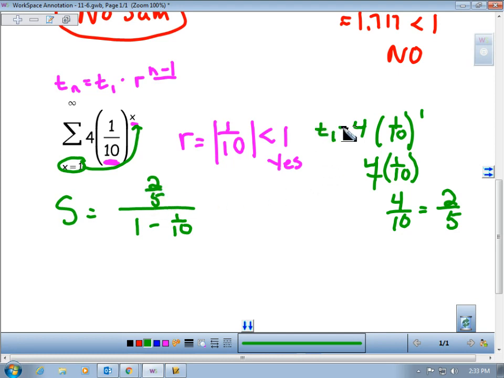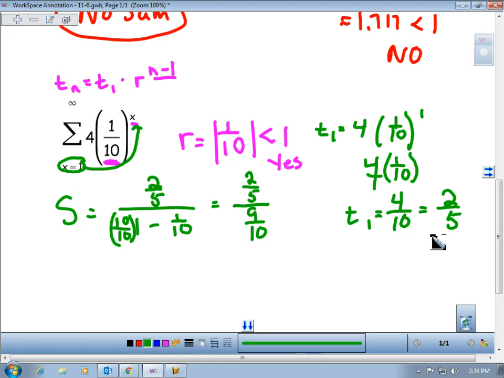So there's your first term, as ugly as it is. There is T sub 1. Okay, now 1 is what? 10 over 10. So 10 over 10 minus 1 over 10 is what? 9 over 10. So I get 2/5 over 9/10. Ooh, that's kind of ugly.